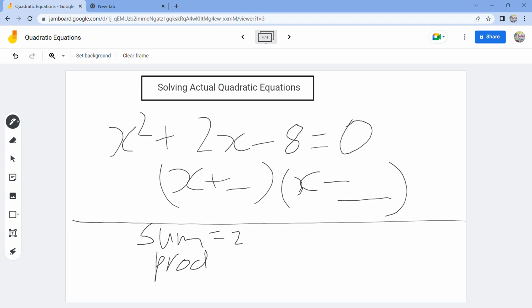So now we're going to find two numbers. Sum equals 2, and then product is equal to minus 8. Okay?